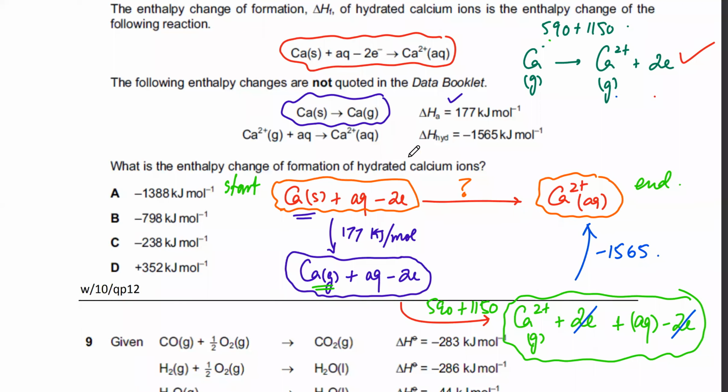I've connected all the reactions together, starting at this point and reaching this other point. First solid turned into gas. Then the gas got ionized and turned into calcium 2 plus ions, and it required 590 and 1150 kilojoules of energy. And lastly, the calcium 2 plus gas plus aqueous turned into calcium 2 plus aqueous, which is this step over here, which is minus 1565.